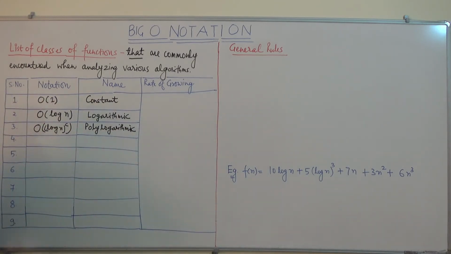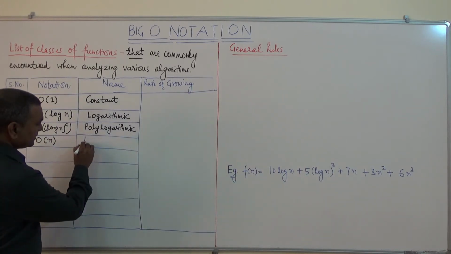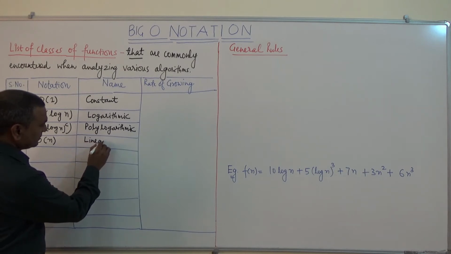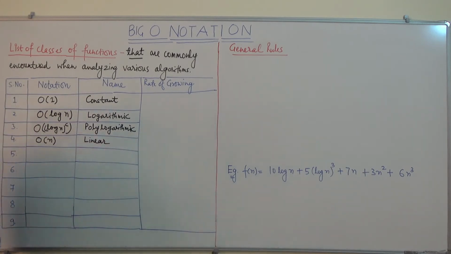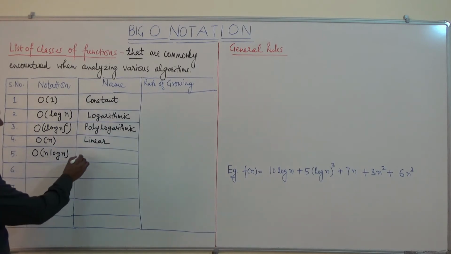And then the fourth one is order of n, this is linear. And then big O of n log n, this is also logarithmic along with n.